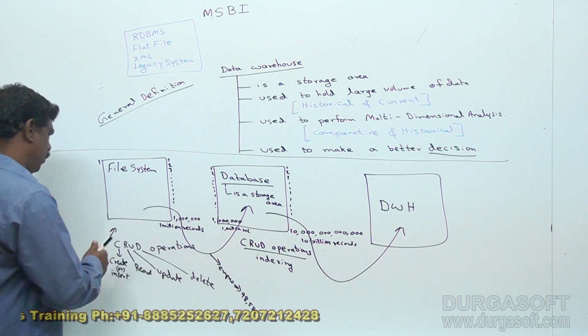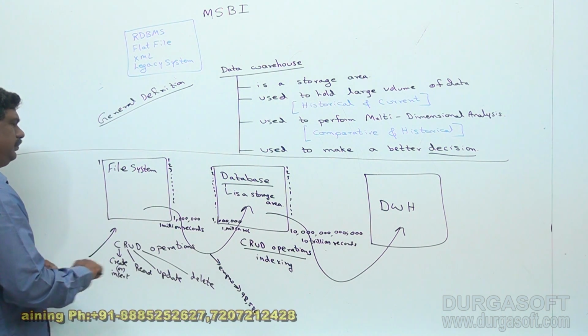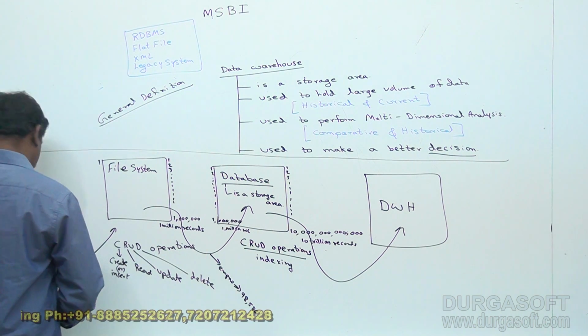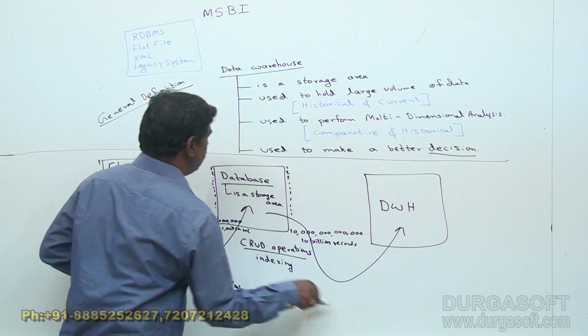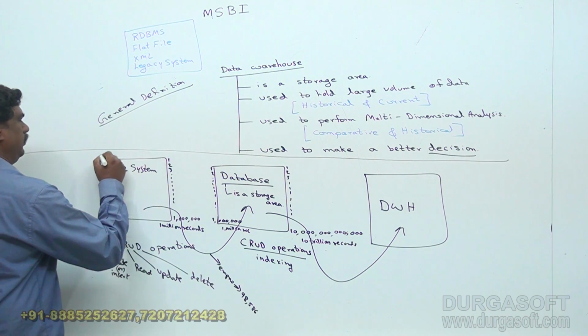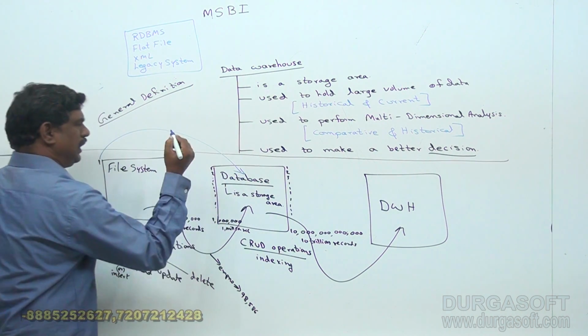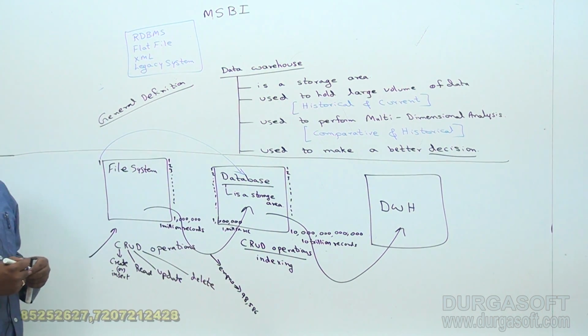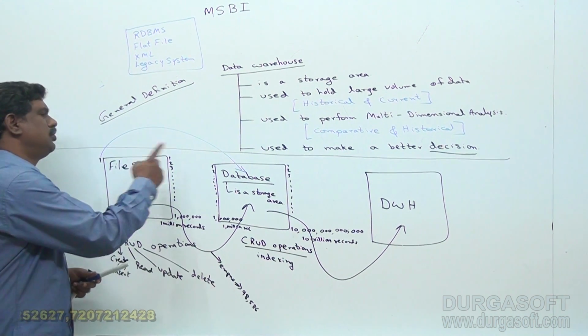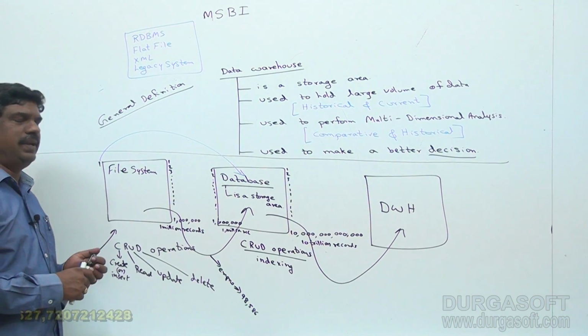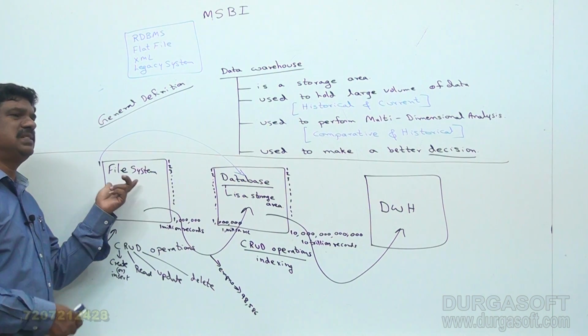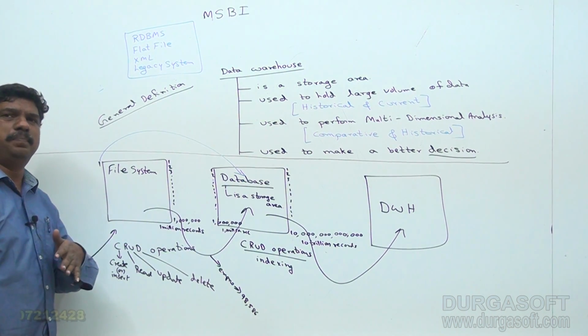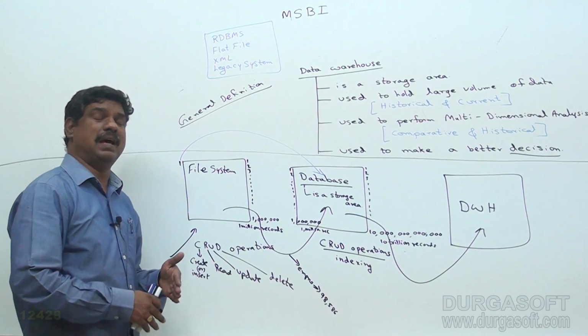Now for example, you are working with only one record. If you are working with a single record, is it required to switch to a database? Assume your file system has one record, and in its complete life cycle the data will not increase.